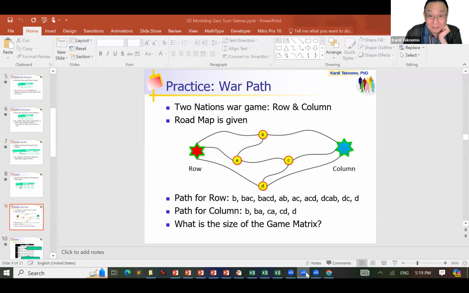Yes, Angelo. Prof, is it 4 by 4? 4 by 4, why? Because there are 4 unique routes, or stations. It's not correct. Why?